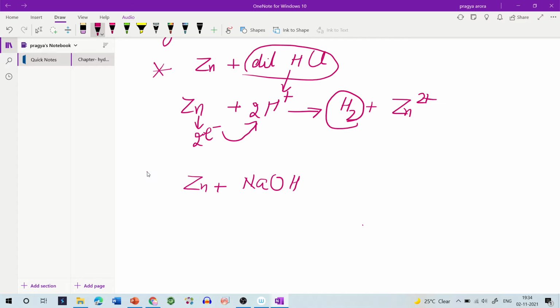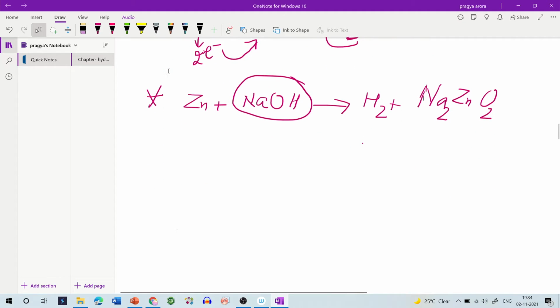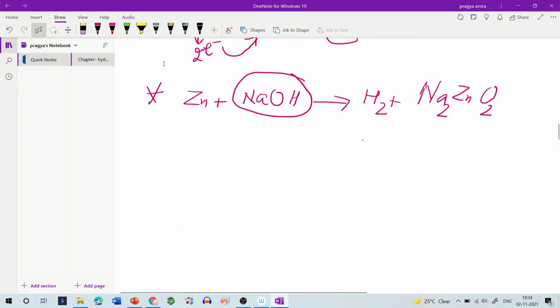In the second method, in laboratories, sodium hydroxide is used, where it would convert into hydrogen gas plus sodium zincate, Na2ZnO2 as a byproduct. So that's how it is produced in the laboratories.